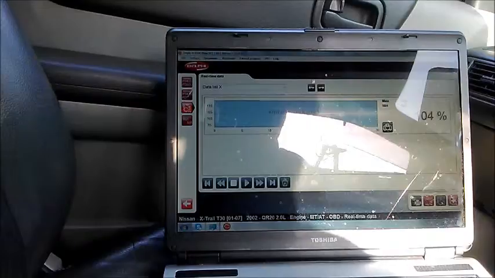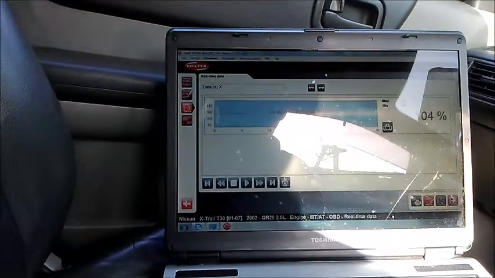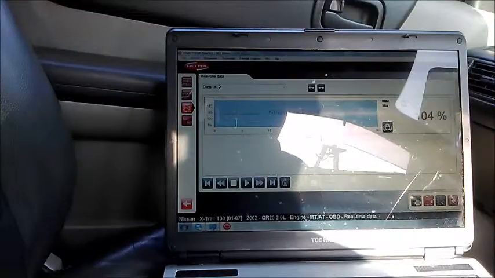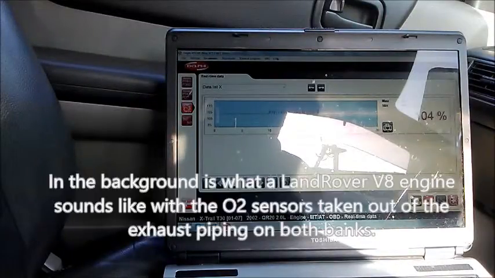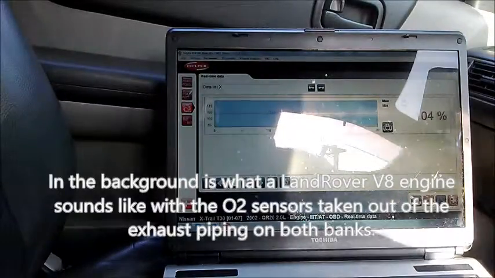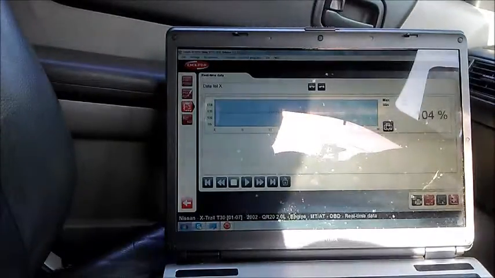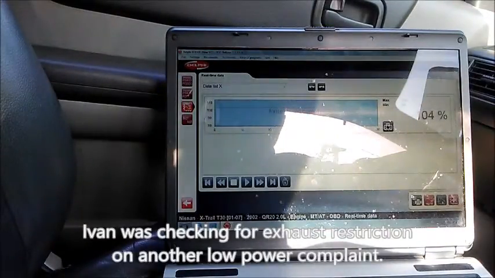It is standing at 104. I mean, that's a little above 100%. If I rev it up, it goes down.